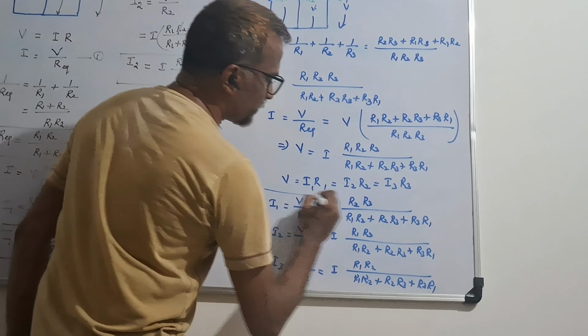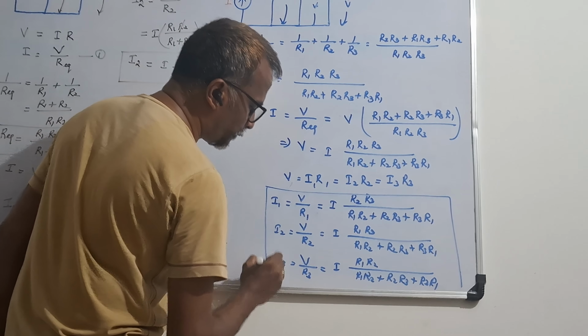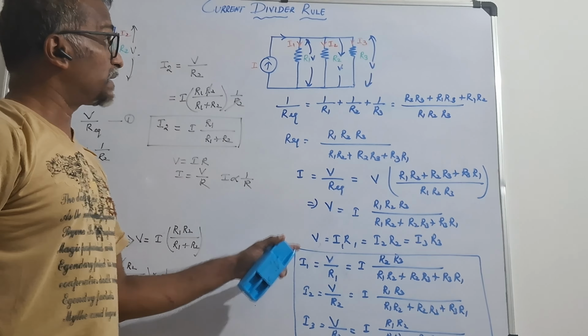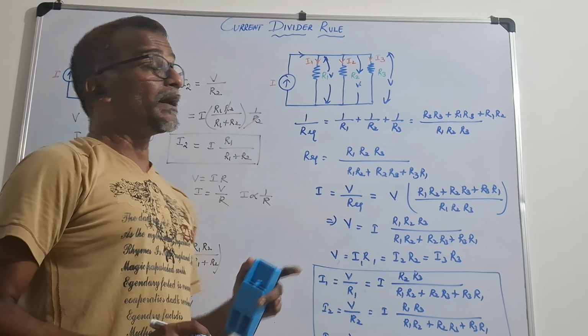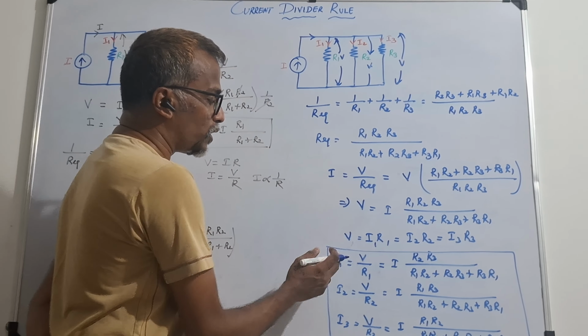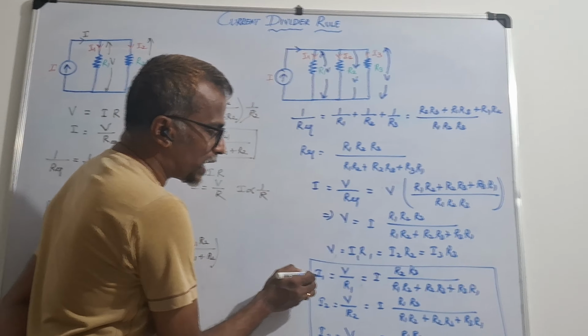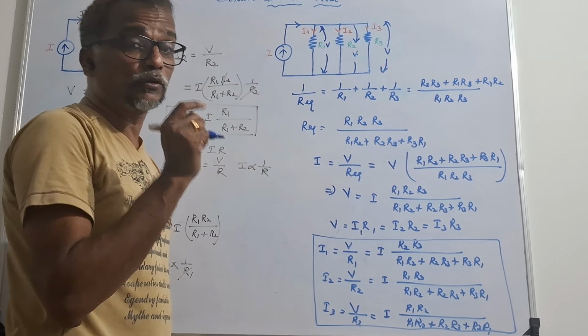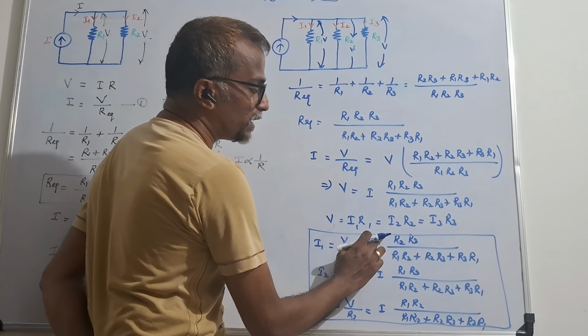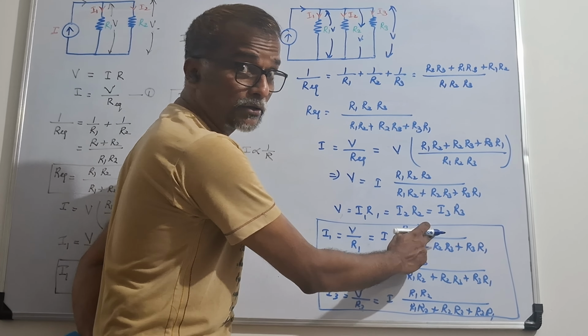So these three formulas will be helpful to find the current flowing through each resistance by applying the current divider rule. Whenever you calculate the current flowing through resistance R1, R1 will not come. Only R2 and R3 will come in the numerator.